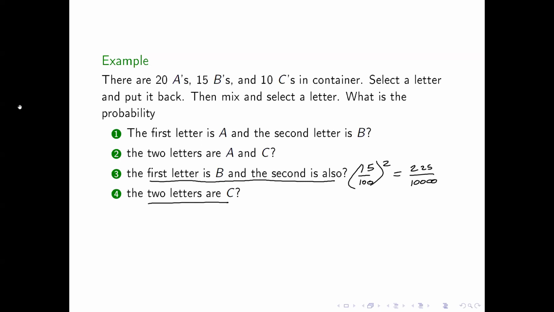However, if they are identical, which means it's impossible to tell 2 situations apart, we don't have to worry about this. So the last one, the 2 letters are C, is going to be very similar. We're going to have simply 10 out of 100 squared, which by the way is 1 out of 100.